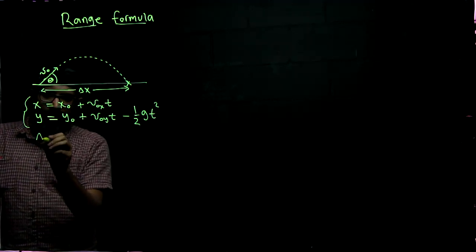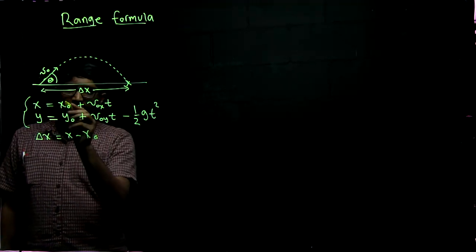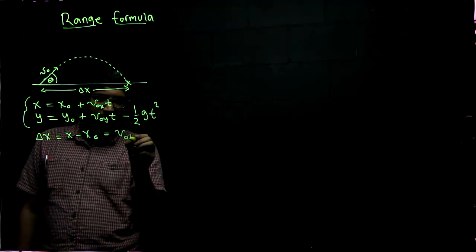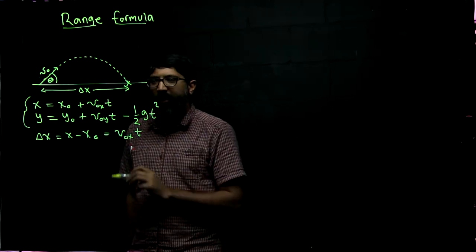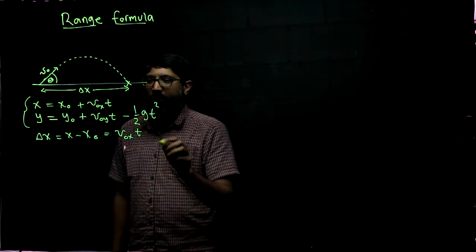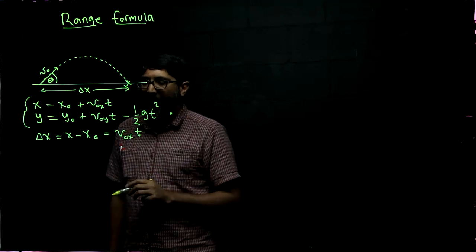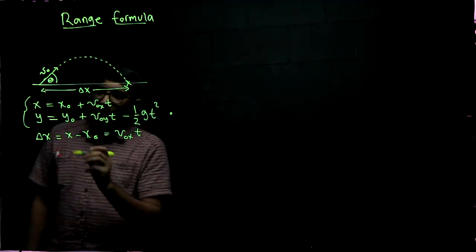If I move this to the other side, the only thing left is v0x times t. I would be finished if I knew what t was, but I don't, so I need to use the other equation to figure out what t is.